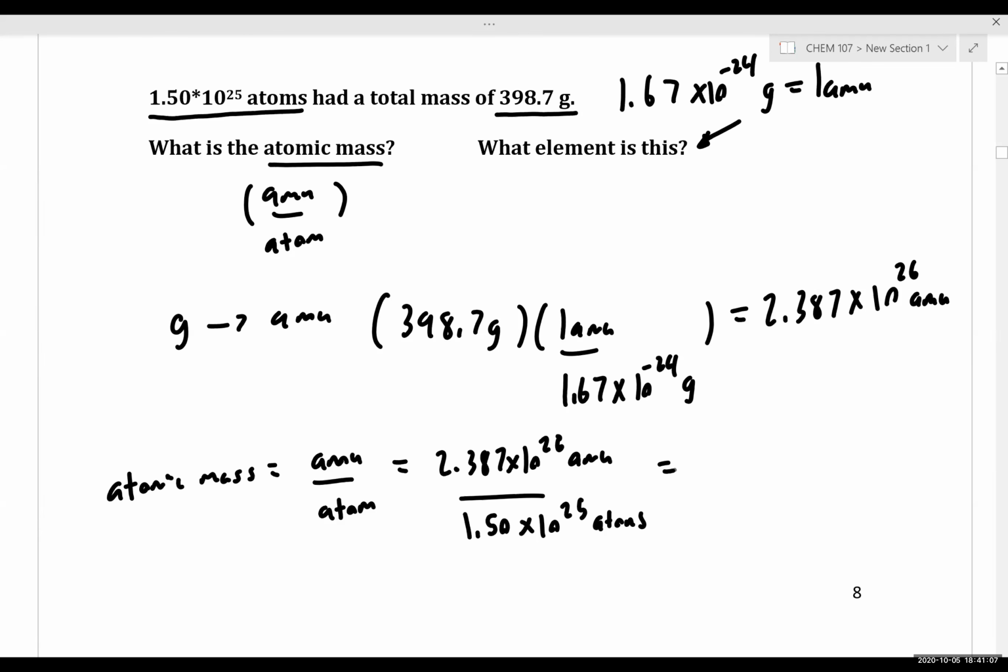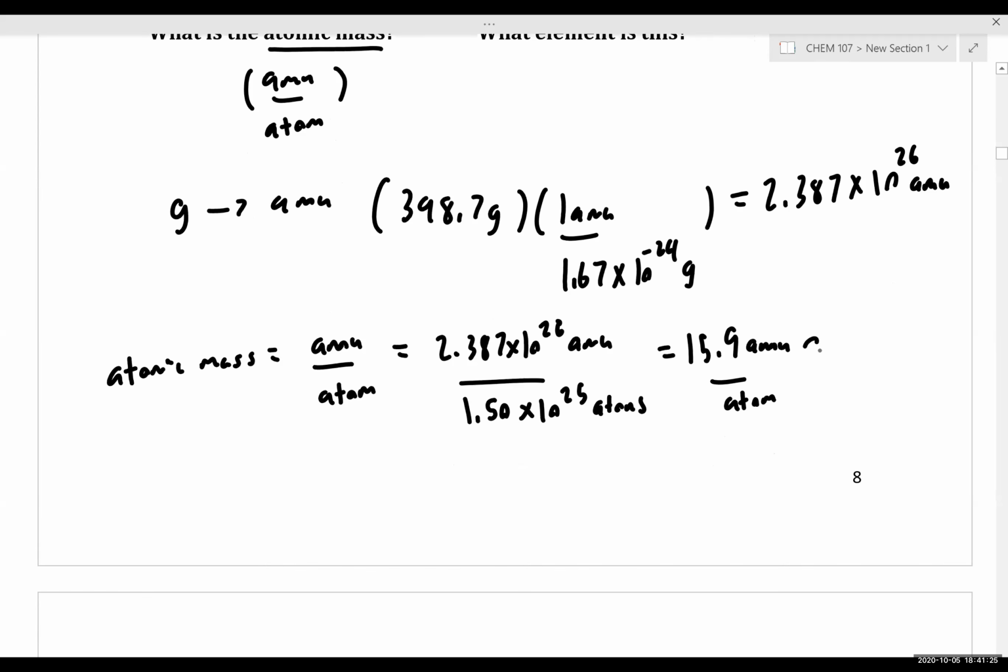So punching this into our calculator, that in turn gives us 15.9 AMU per atom, which is pretty close to the atomic mass of oxygen. So we tentatively assign this sample as a sample of oxygen. Does that make sense to everyone? Any questions so far?